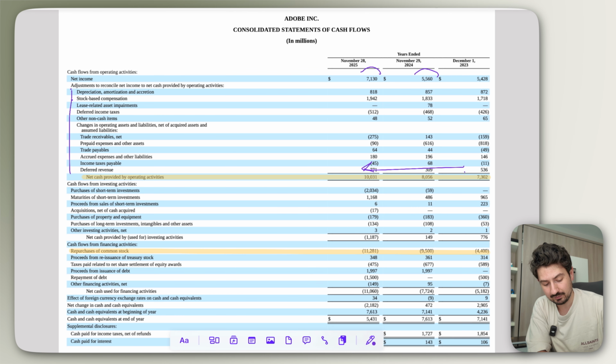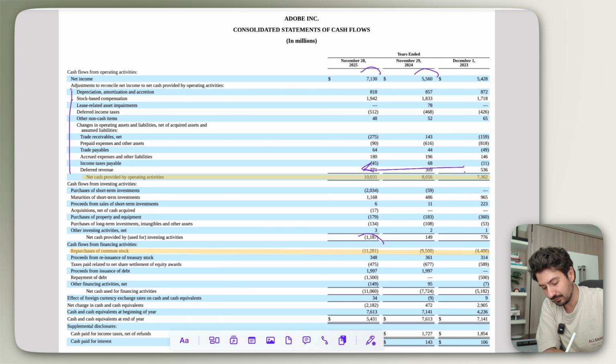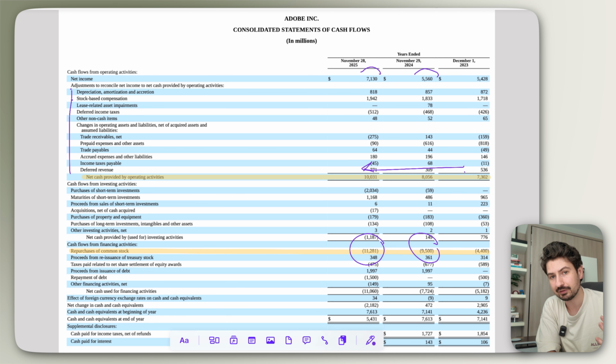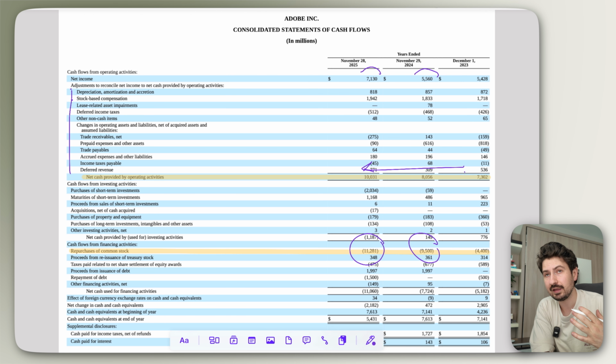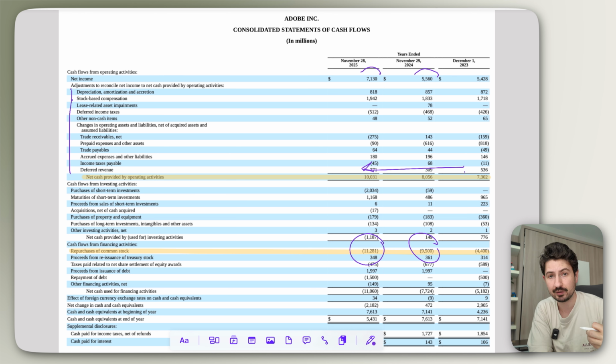And then the other thing that really stood out to me is just the quantity of share buybacks that is going on with Adobe. When a company spends cash to buy back their shares on the open market, what they're doing is really returning capital to the shareholders, because the value of the shares that I own goes up in proportion to the restricting supply of shares on the market.